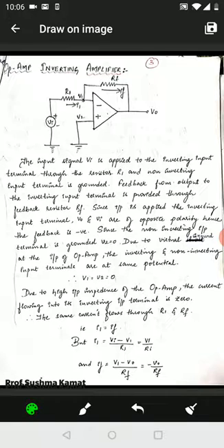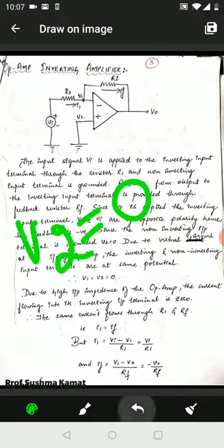So if this terminal is connected to ground, this terminal will be virtually connected to ground, and though it is not directly connected, we will consider this V1 to be at ground potential. I'll explain how. V2 is equal to 0 because it is directly connected to ground.